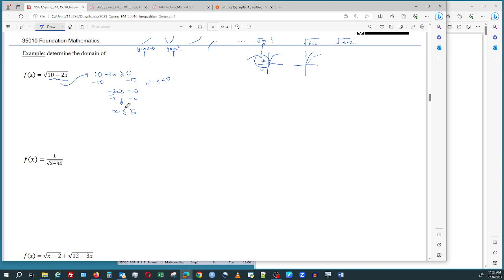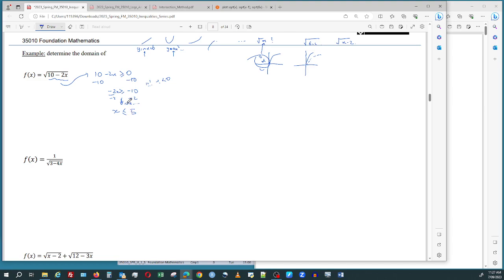Reversing, that's the rule. Not convenience, the rule. So x is less than or equal to 5. So in this particular case, we will get any x value in conjunction with the 10 minus 2x that'll be 0 or positive if x is less than or equal to 5.